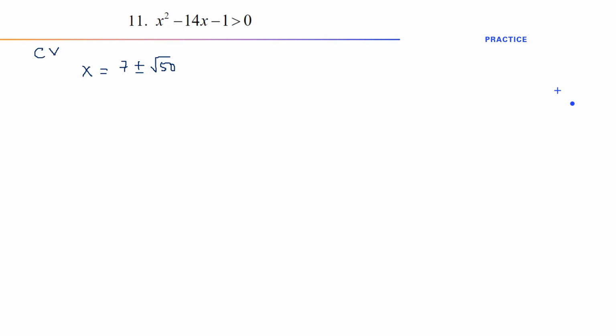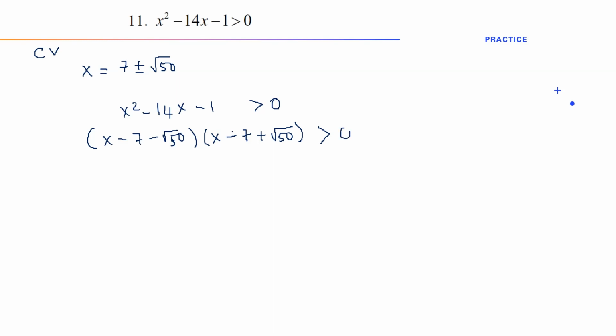So we know that we can rewrite x squared minus 14x minus 1 greater than 0 in terms of x minus 7 minus square root of 50 times x minus 7 plus square root of 50 greater than 0.